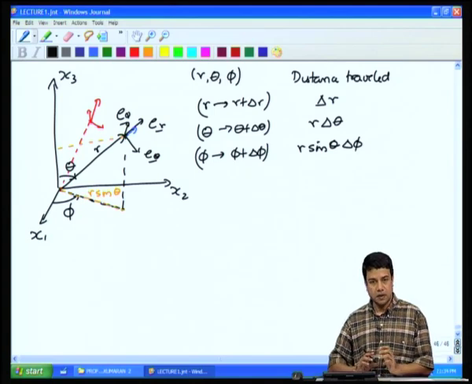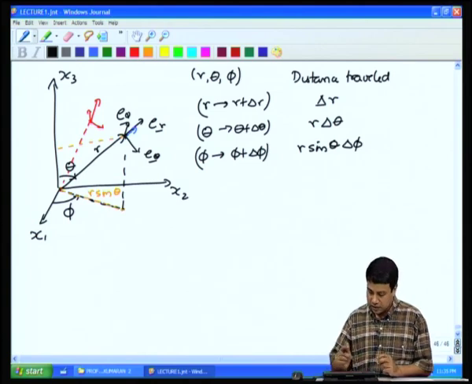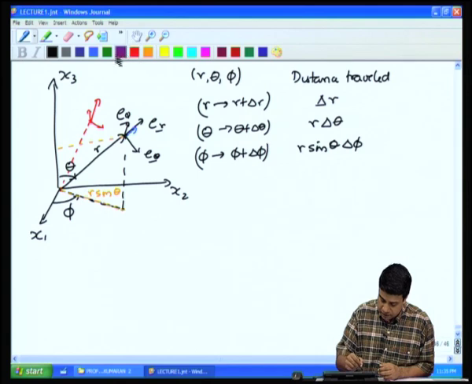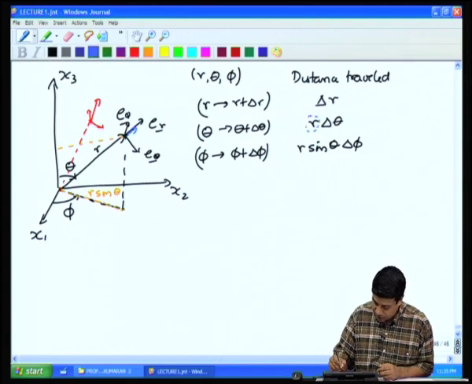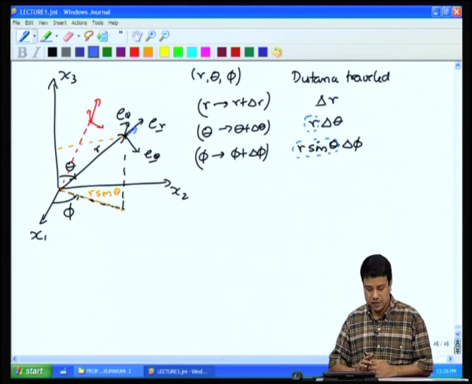That means that when I take derivatives with respect to coordinates to define a gradient, I should also use a scale factor which transforms the change in coordinate to a distance.